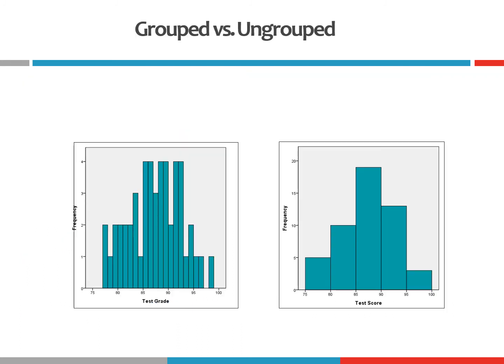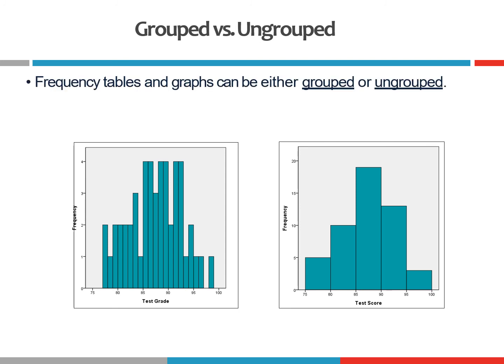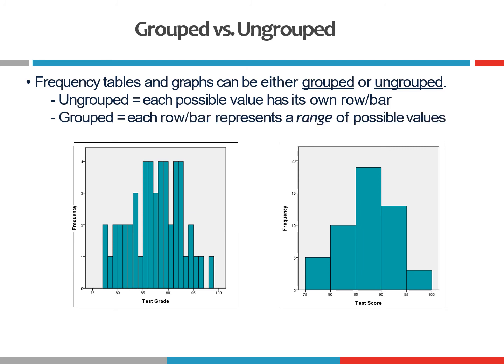So we have a couple of different options with frequency tables and frequency graphs. They can be either grouped or ungrouped. With ungrouped frequency tables or graphs, each possible value or every score in our data set has its own row or bar, as opposed to grouped, where each row or bar represents a possible range of values, right?